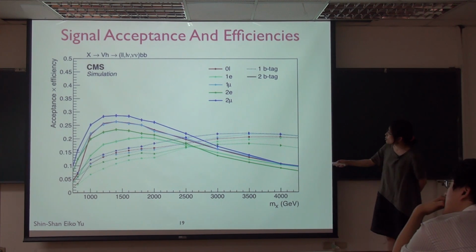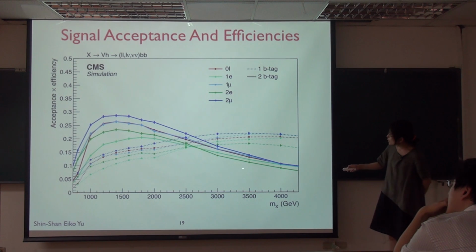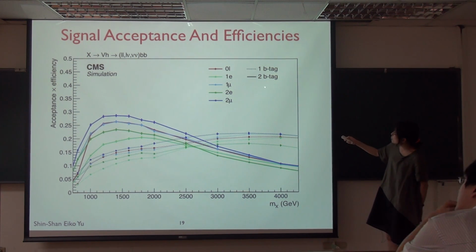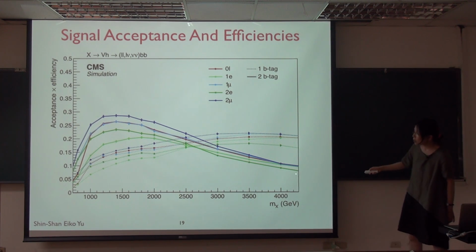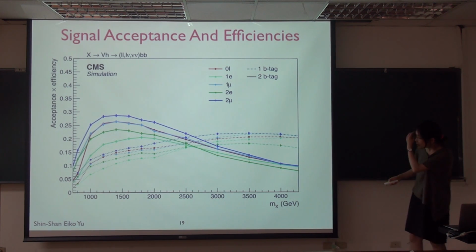You can see that the solid lines indicate the efficiency for the selections that contain two secondary vertices, 2B tag, and start to drop as the mass increases, while the 1B tag efficiency actually increases, or stays at a reasonable efficiency.